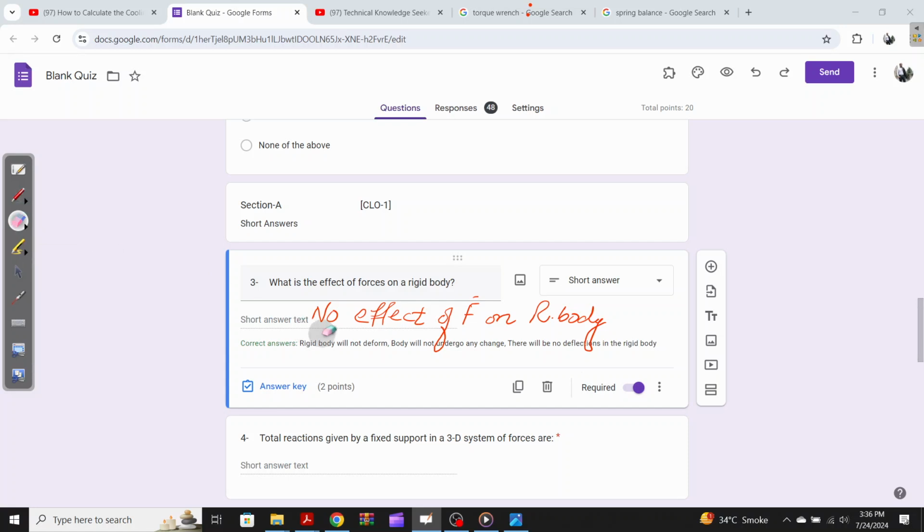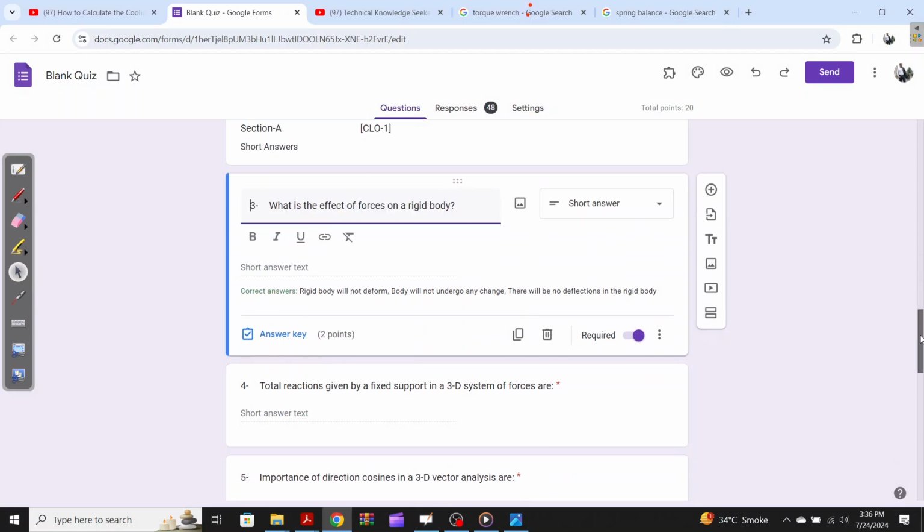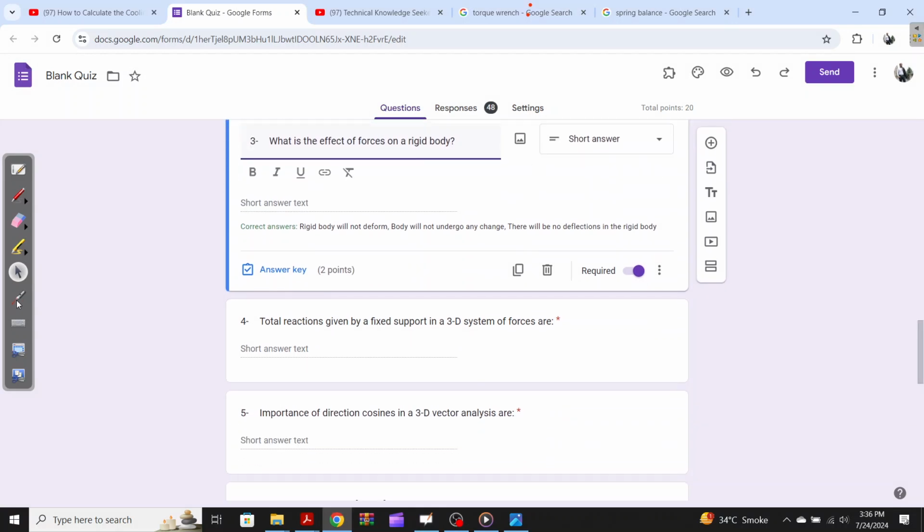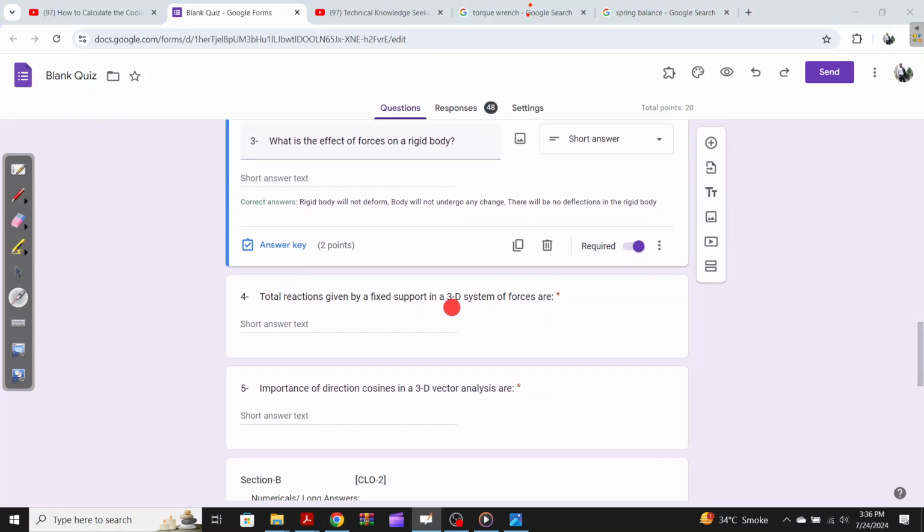Let's go to another problem. It says: total reactions given by a fixed support in a 3D system. Remember, 3D, not 2D. If it is 2D, it will be 3 reactions, but here it says a 3D system. So the solution of this question is 6. What will those 6 be?